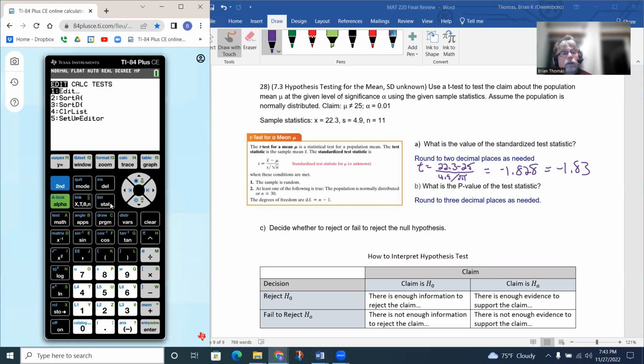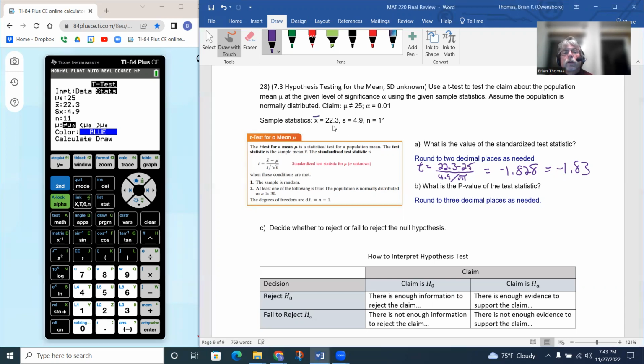If you use the stat button and go over to TESTS, that's the third one over, number 2 has the t-test. We're using the stats, not the data. So our population mean was 25. Put that in. The sample mean, this should be x bar, is 22.3.